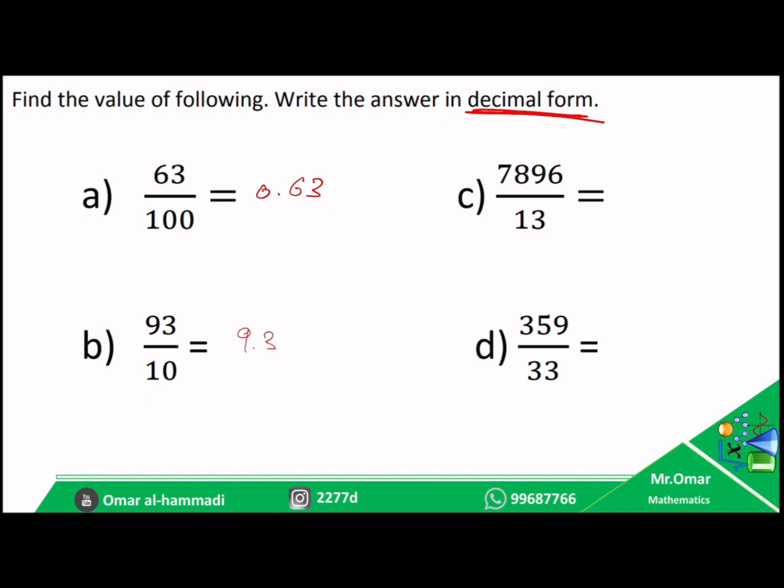C, 7896 divided by 30 will give us 607.3846154. The next one, 359 divided by 33, will give us 10.878787, something like that, which is repeating. It will be a repeating decimal form.